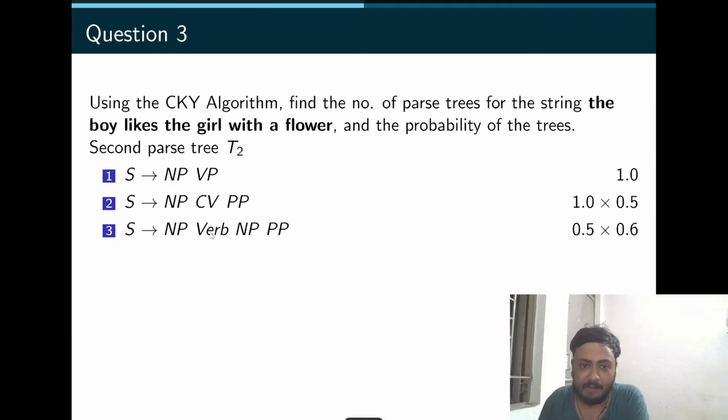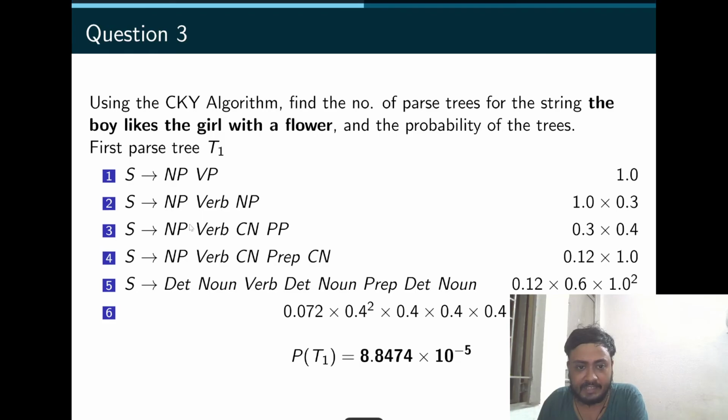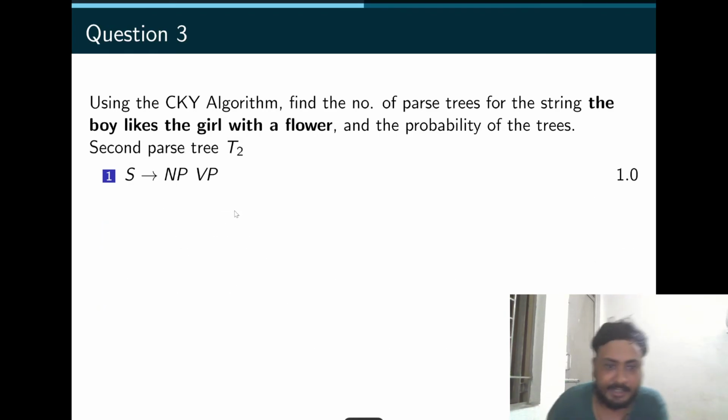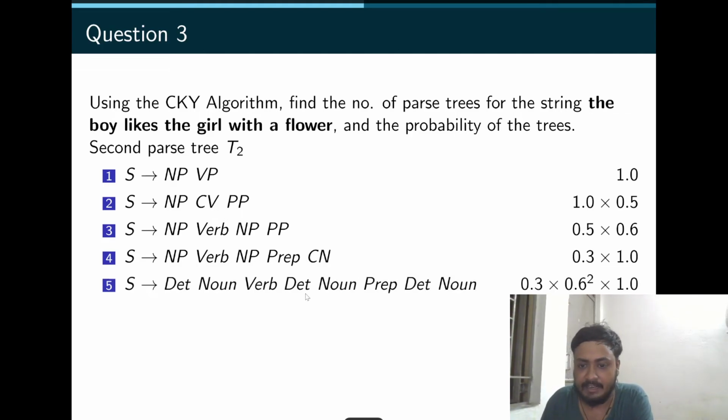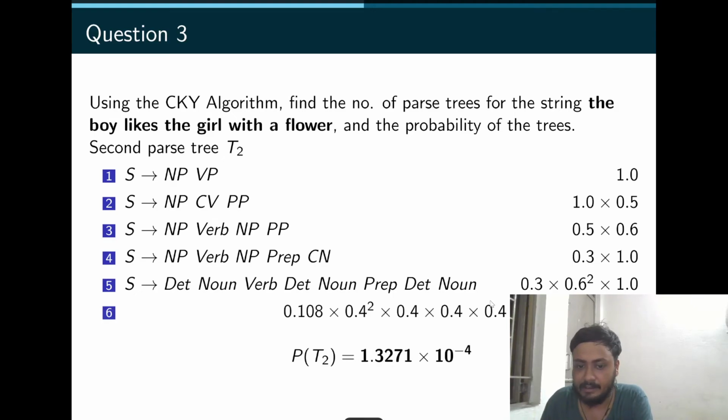Now CV can be broken down into verb and NP. So we effectively get the same thing we got here, but we are following down a different parse. That is all. As you keep on expanding it will keep getting easier because the combinations will reduce, and then finally we get this, and this is the probability.